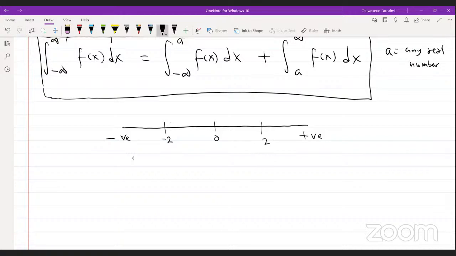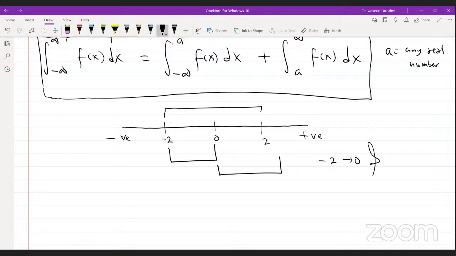If my goal is to integrate from negative 2 to 2, I can do that directly if possible, or I can go from negative 2 to 0, and then from 0 to 2. When these connect together, I'm just doing negative 2 to 2.